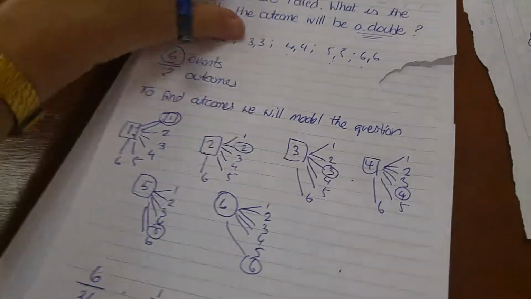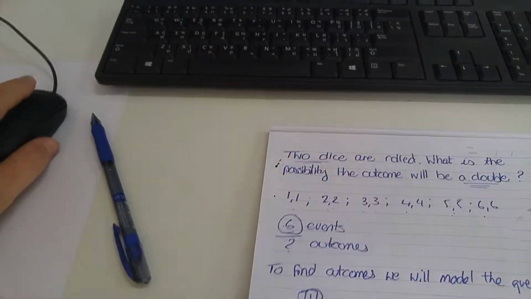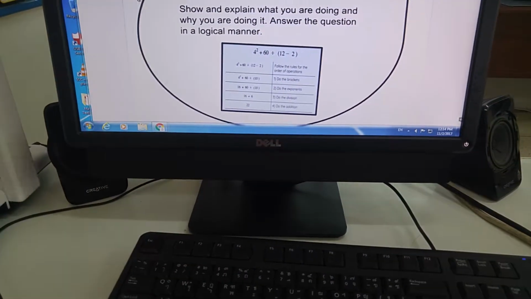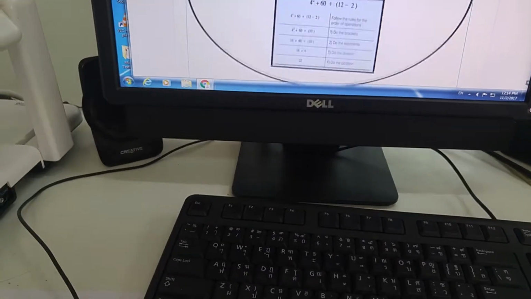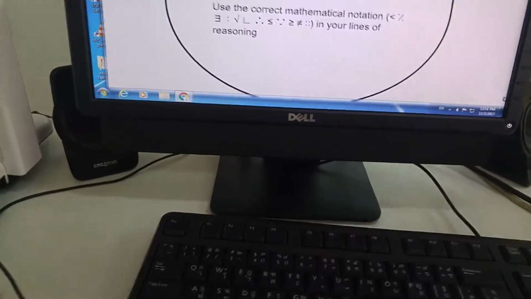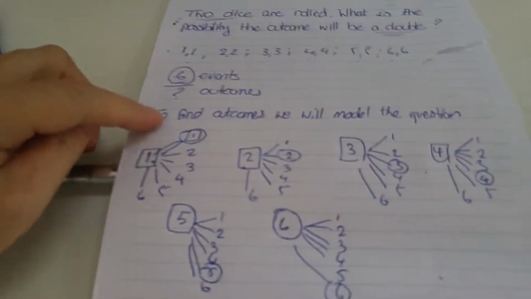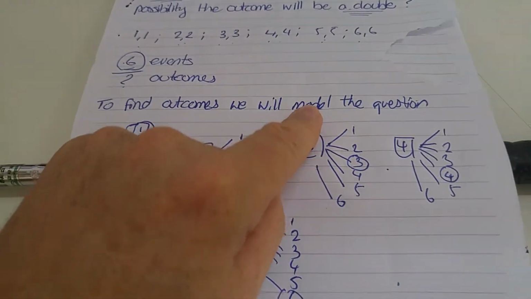And if we go back to our criterion C, we can have a look here and find out if we've done each of these different things. So the first one is using the mathematical terms and notation. So we've got mathematical terms in here. We're modeling the question.